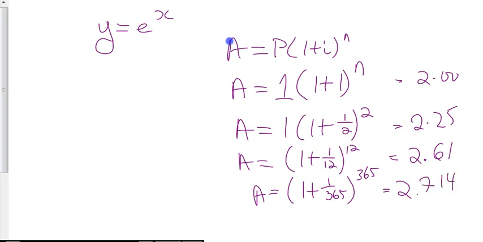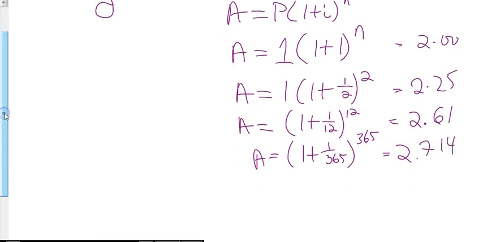What if they paid us interest every second, compounded it every second or something? Or what if we got interest 1,000,000 times a year? How much money would we then have? So to do that, we would go 1 plus, well, you'd get 1/1,000,000, right? To the power of 1,000,000.